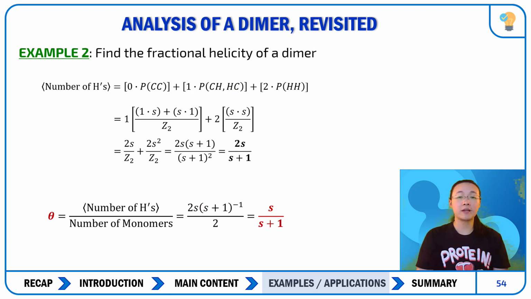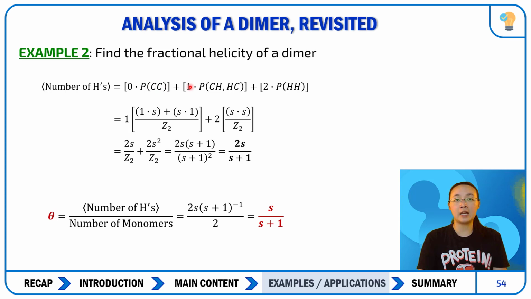In order to find the fractional helicity of a dimer, let's first calculate the number of H's that can occur. We now know that there are 0 H's in the CC state, but 1 H in the CH or HC states, and 2 H's in the HH state. So all we really have to do is multiply these values with their probabilities. There are 0 H's in the CC state, so this whole term goes to 0.